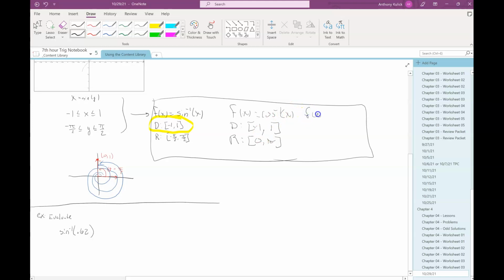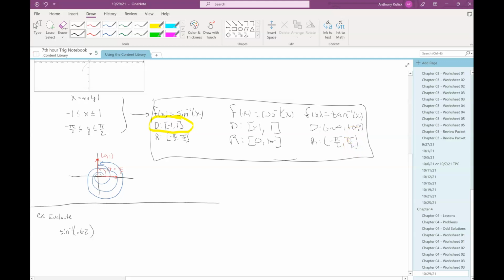And we also have tangent inverse, whose domain is all real numbers, and its range goes from negative pi over 2 to positive pi over 2.